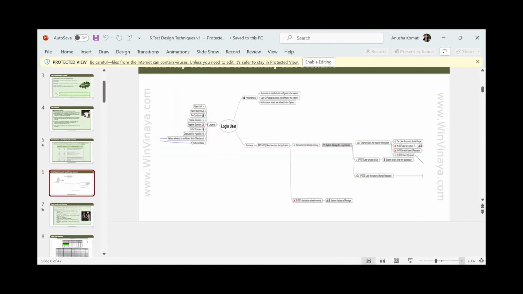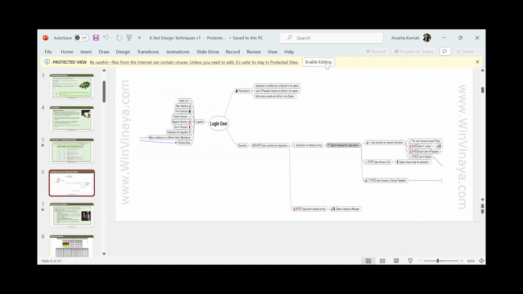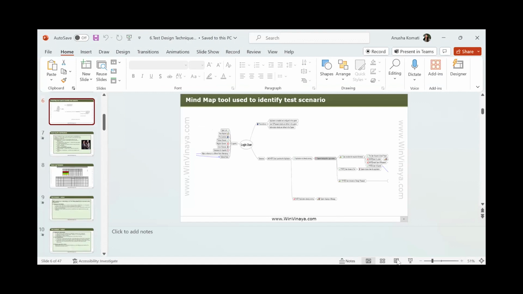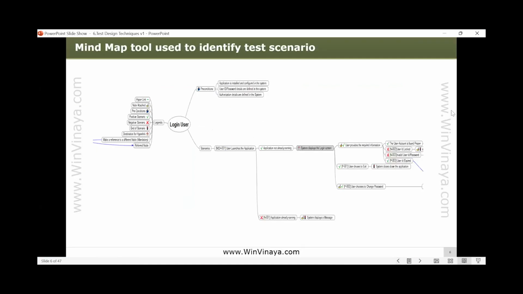Now it would be better, I guess, for the viewers. No, you can run the slideshow, Anu. Then it will come in a big picture. The right side there is a slideshow option. Okay, yes, now you are good, the mind map.